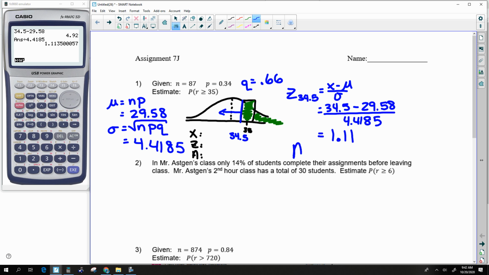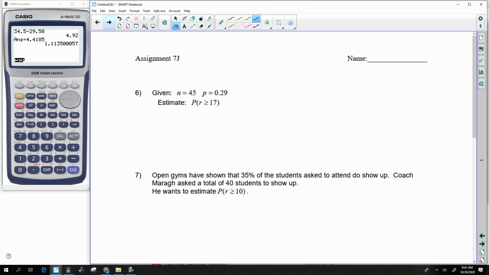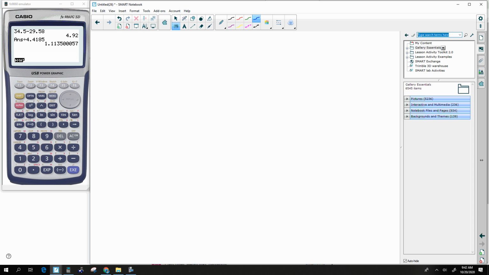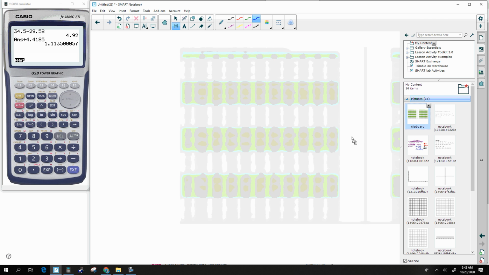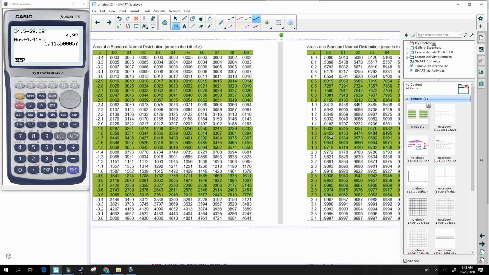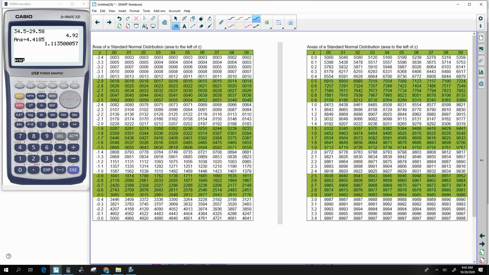And then I go ahead and find the area of all of this mess. So 1.11. 1.118665.